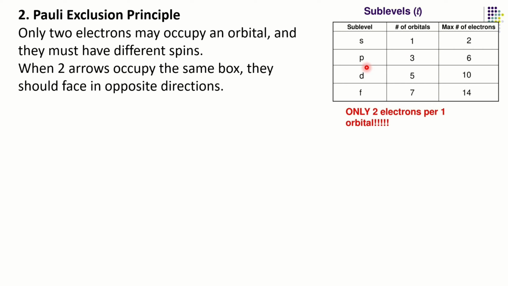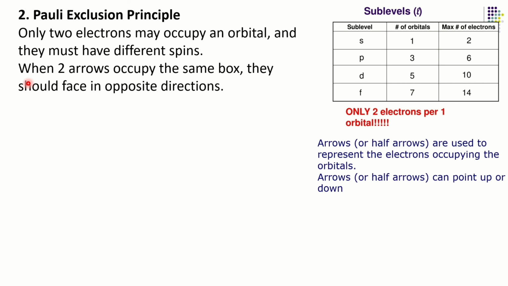In the p sublevel, we have 3 orbitals. The d sublevel has 5 orbitals. And the f sublevel has 7 orbitals. Take note that each orbital can only fit 2 electrons. So, there will be 2 electrons in 1 orbital.